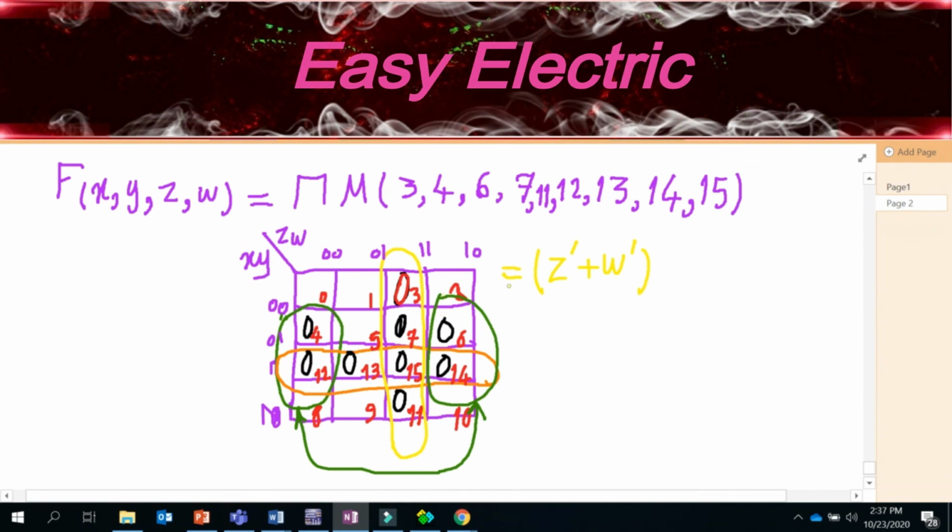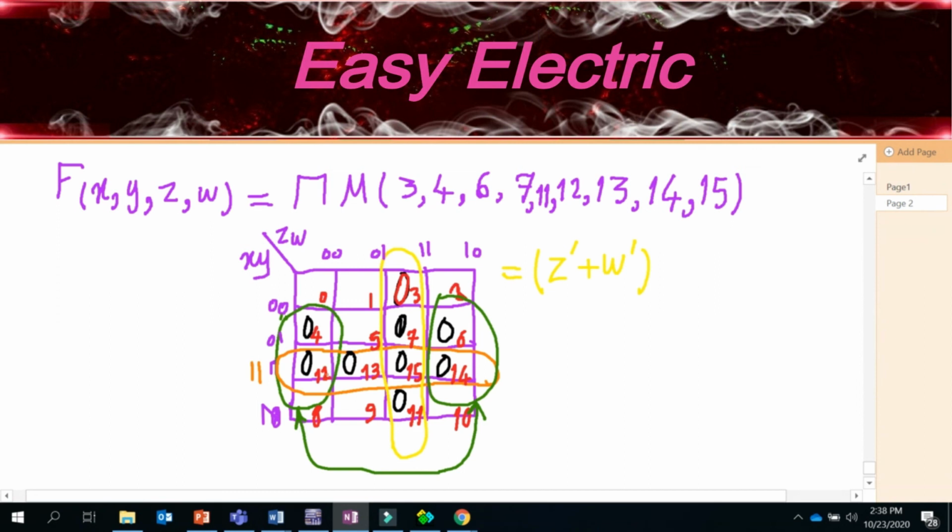Let's write the next one, which is the orange one. Let's write the corresponding term for this group inside the orange circle, 12, 13, 15, and 14. Again, if you move along the group, ZW change to 0, 1, so you don't have any ZW in this term. How about XY? Here it is 1, 1, right?